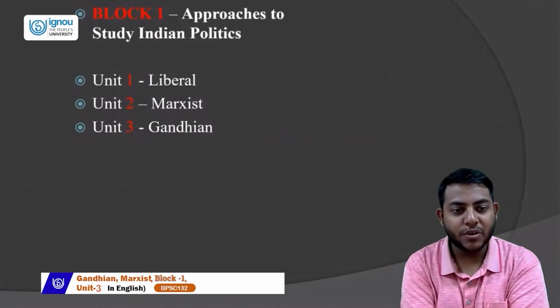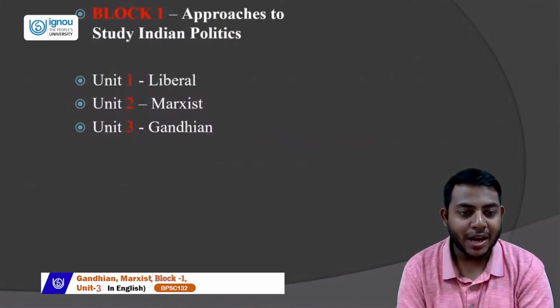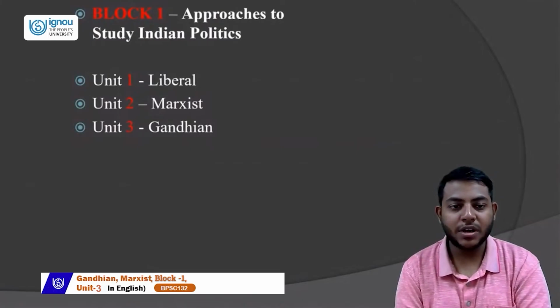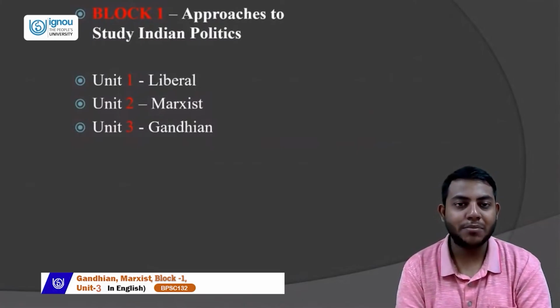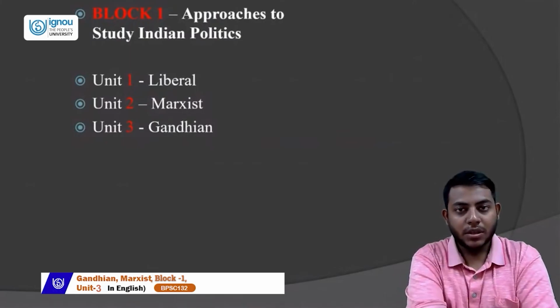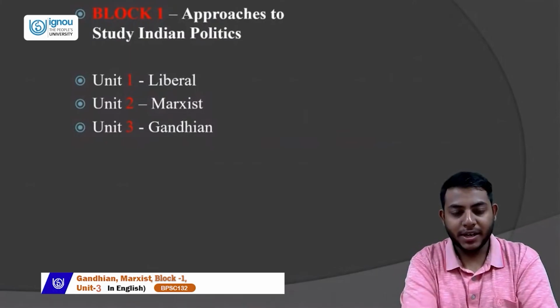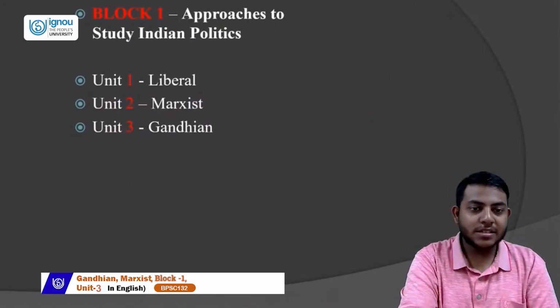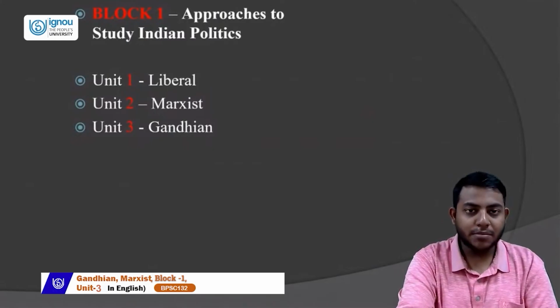In today's class, we are going to discuss the second unit, the Marxist approach to study Indian politics, and the third unit, the Gandhian approach to study Indian politics. So let us begin today's class with the second unit, that is the Marxist approach to study Indian politics.